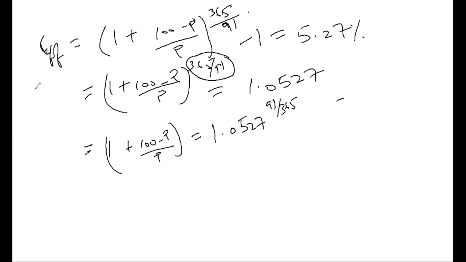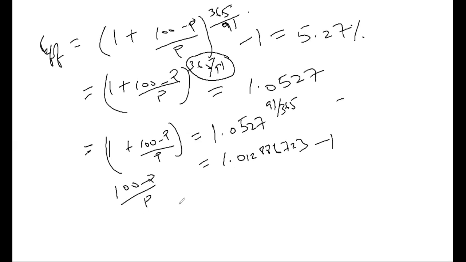Yeah, so that's correct. So that's equal to 1.012886723, and that is what (100 minus P) over P plus 1 equals.